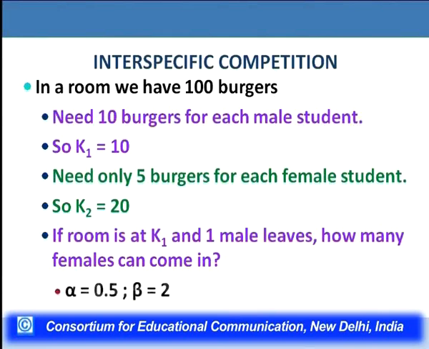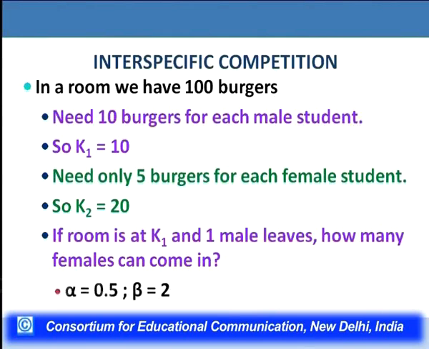That we can easily find by using the competition coefficient, because in this case alpha is equal to 0.5. That means one male is equivalent to 0.5 of a female, whereas beta is equal to 2. That means 2 females equal 1 male.